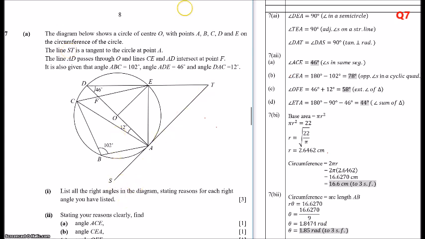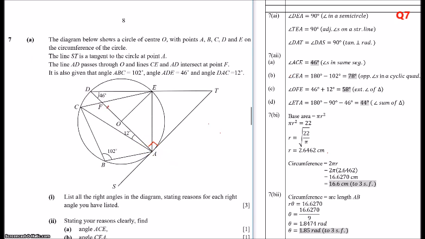Immediately when I read tangent, I know that this is a right angle, so I'm going to list it down right now. And after that, AD passes through O, so AD passes through the center, which indirectly tells you that this and this are the same length, and they are the radius of the circle.